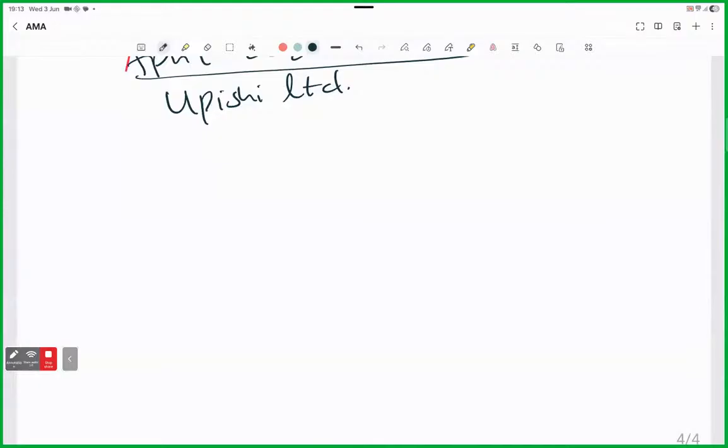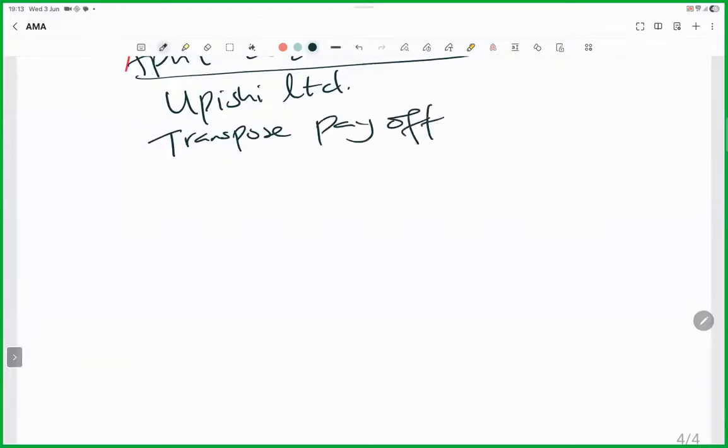So transpose the payoff table. Transposing means what? Changing rows to become columns.